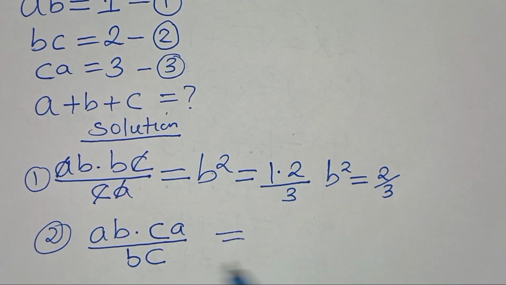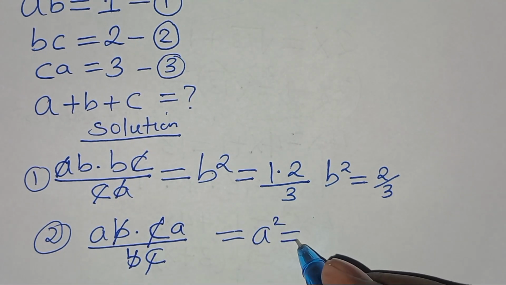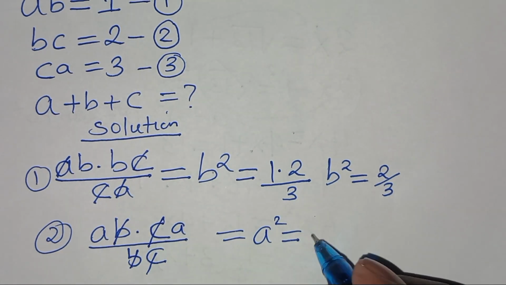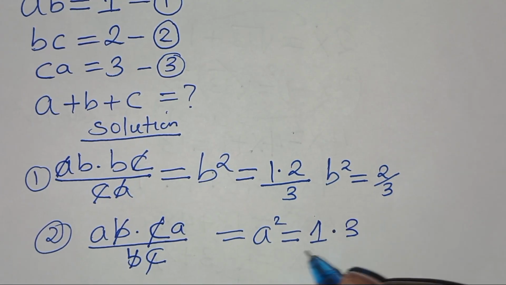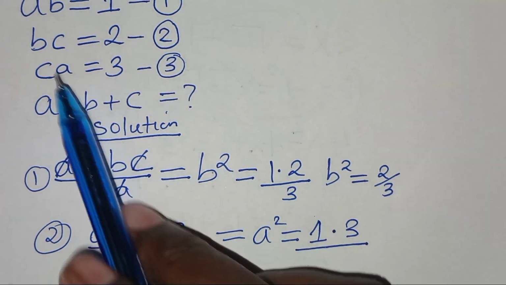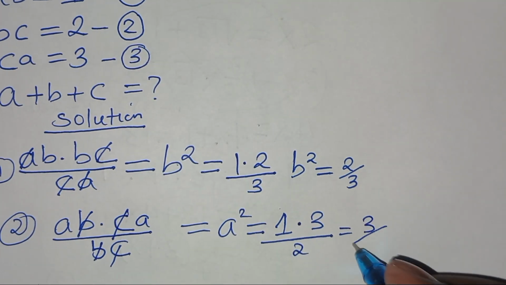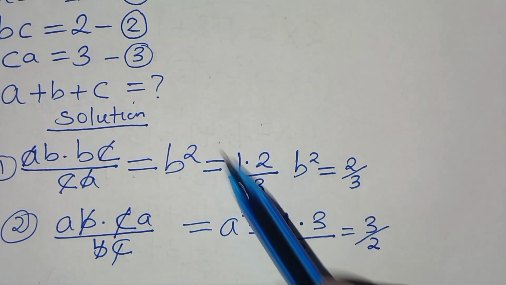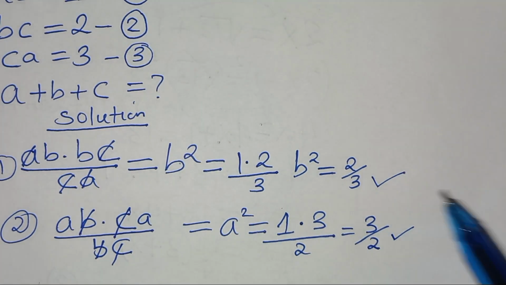So we simplify here, so that now a squared is equal to a times b, this is 1, multiplied by c times a, which is 3, divided by bc, which is 2. And this is equal to 3 over 2. So we have b squared and a squared. These are the two we have here.